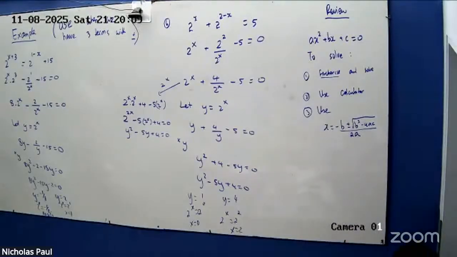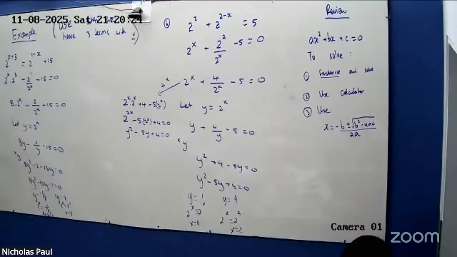That's the way you handle your indices. I'm not going to rush into logs because most people don't go down. Alright, good. Let's just take one more from my past paper. I give you a range of questions. Let's see if we can handle this one from the past papers.